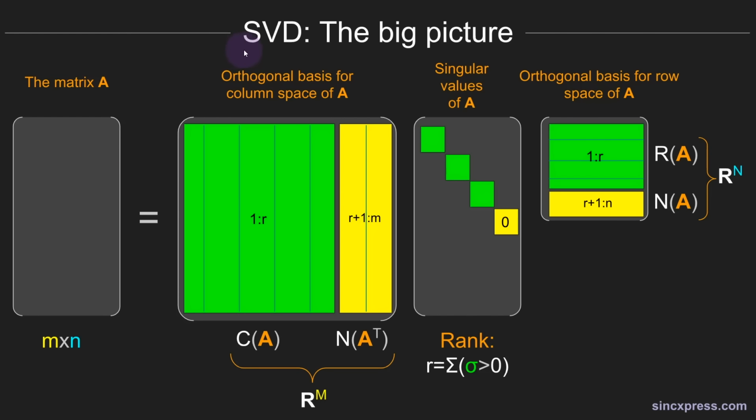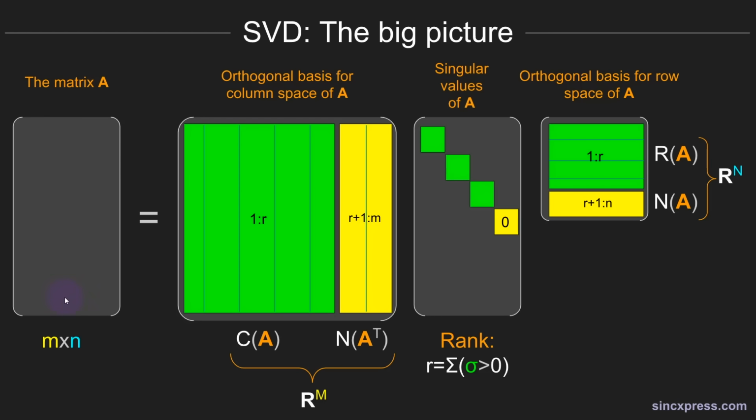Now, a complete understanding of the SVD, as you might imagine, takes a little bit more than a few minutes of introduction in a video. Nonetheless, I'm going to try to provide a conceptual overview of the SVD, as well as highlight one of the important applications of the SVD in data compression. All right, so the big picture idea is to take a matrix.